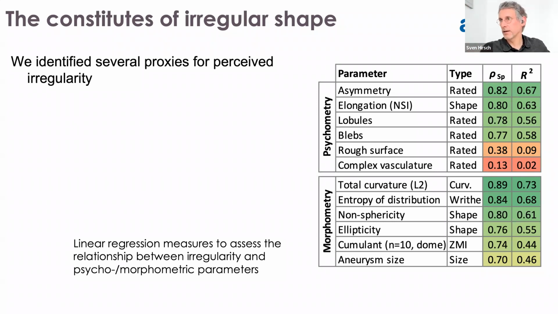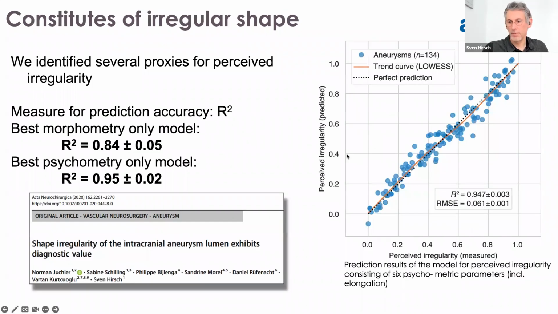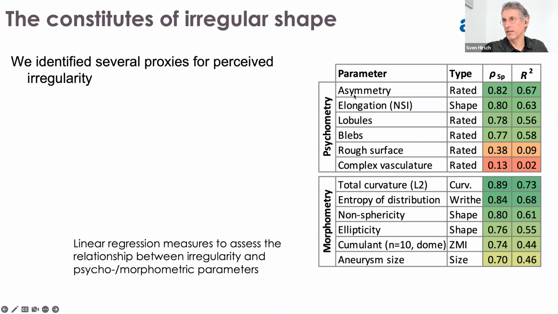It was really interesting. When you look at this, what we call the psychometry model, that's so to say when you weigh the properties. The properties that we had were complex vasculature, rough surface, blebs, lobules, and asymmetry.